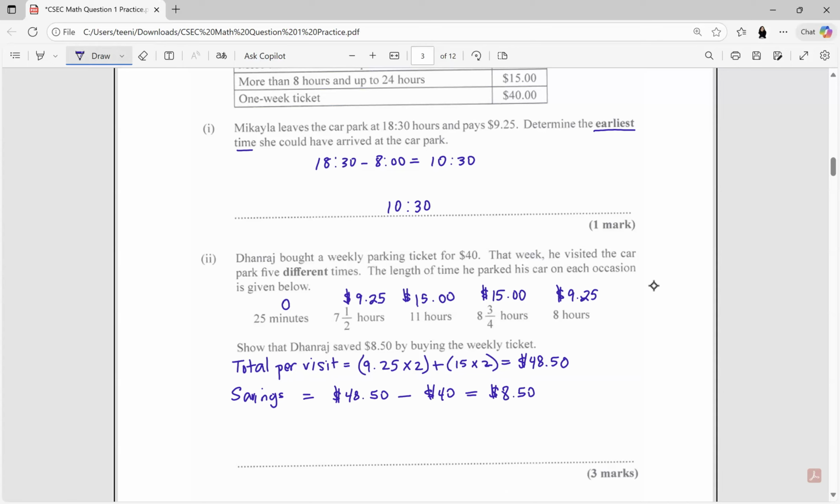So we have shown that he saved $8.50. So you write QED, right? I can't remember what it actually means, QED. I think it's some kind of Latin thing. But yes, it means proven, right?